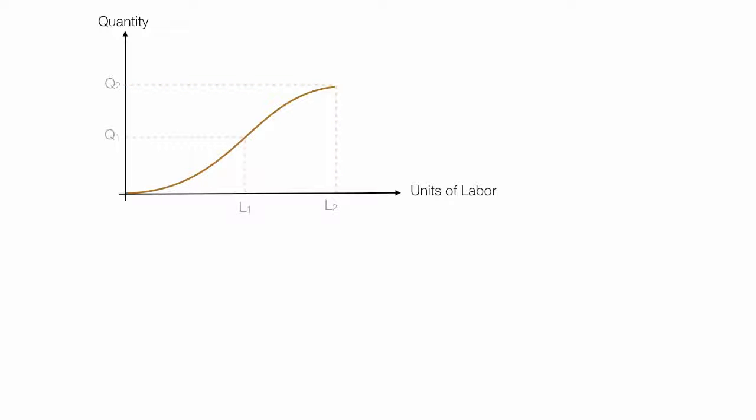But if I keep adding labor, a point comes in time where I'll actually produce less. So I have L3 and Q3. And you'll learn why that is in this video and the subsequent two videos. And this is the total product curve. The brown line is a total product curve. Again, holding capital fixed or constant.